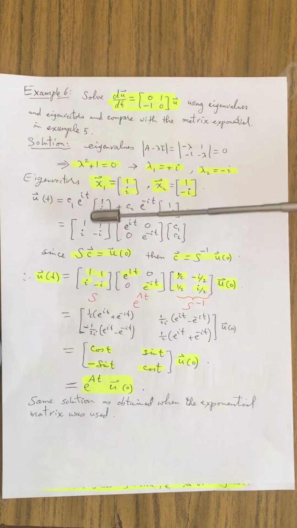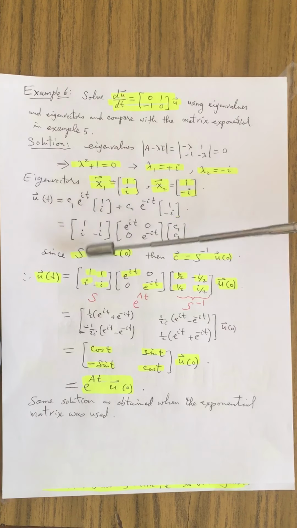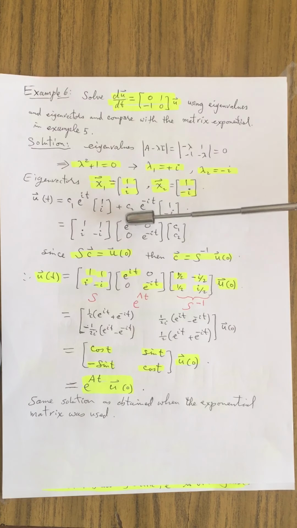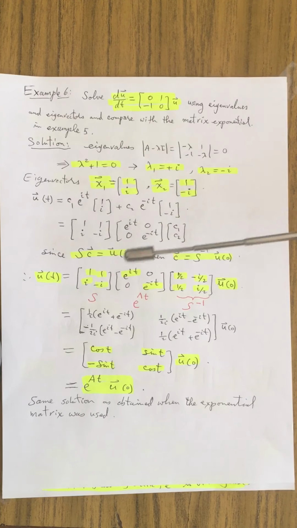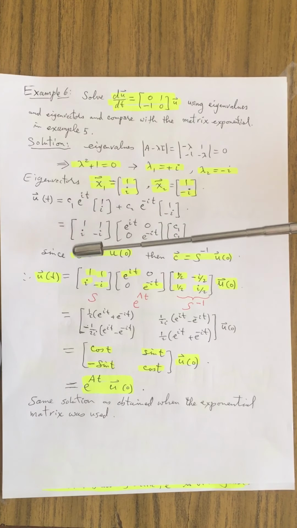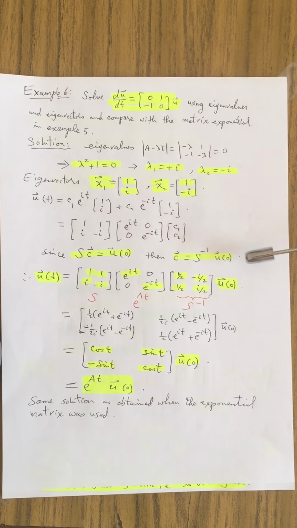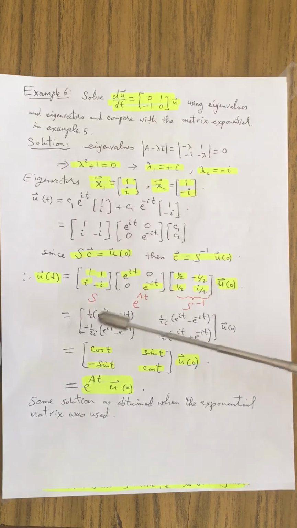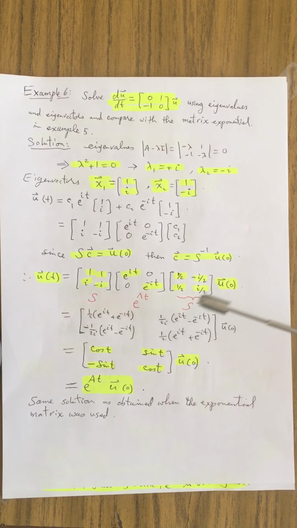This is the matrix S of eigenvectors, and this is e to the lambda t, and it is multiplied by (c1, c2). Now, if you remember, the initial condition u(0) is really the matrix of eigenvectors times c. So c is really S inverse times u(0). We substitute back into this equation. We come up with S e to the lambda t times S inverse times u(0).